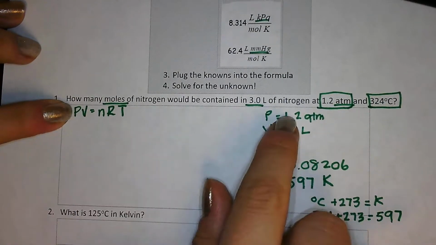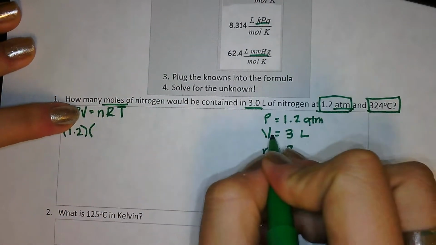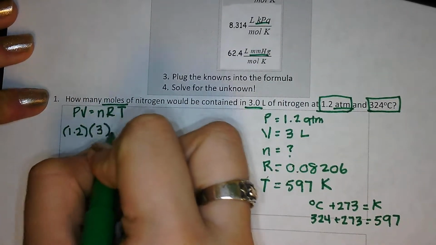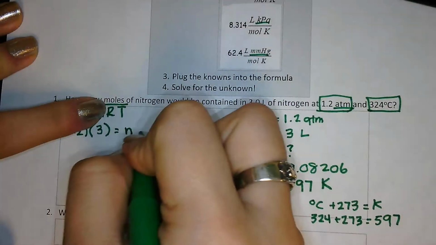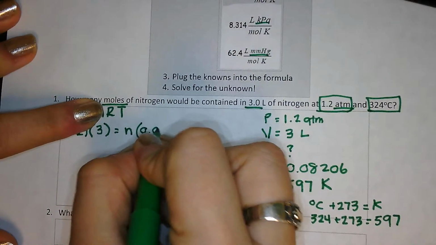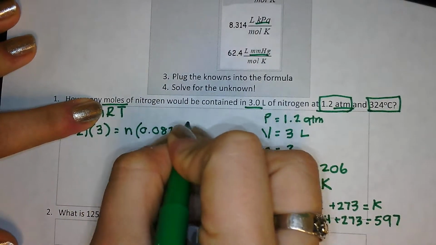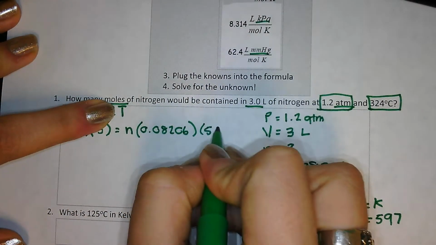So pressure is 1.2 times volume is 3 is equal to N, we don't know, so I'm just going to leave it as N, times R, which is 0.08206, times T, which is 597.